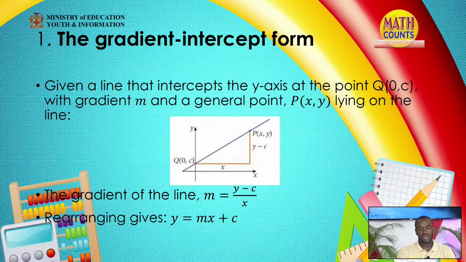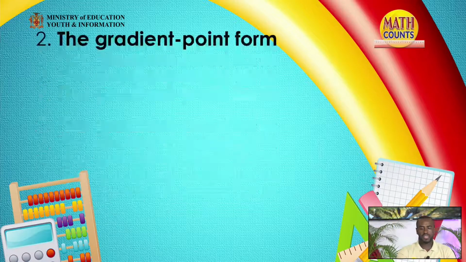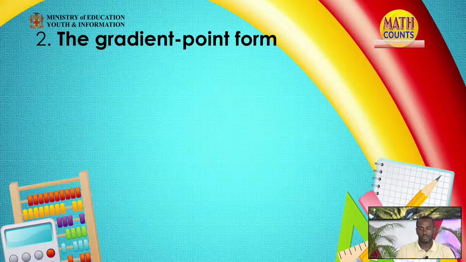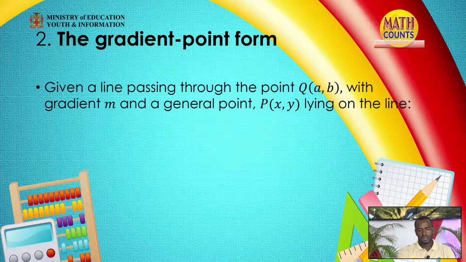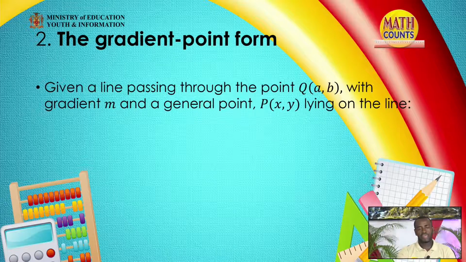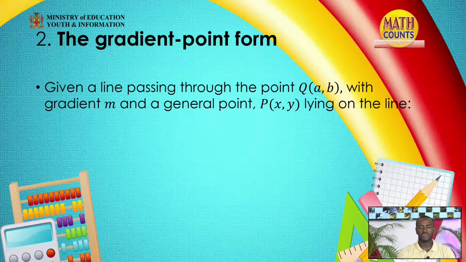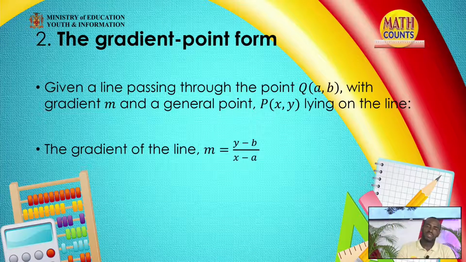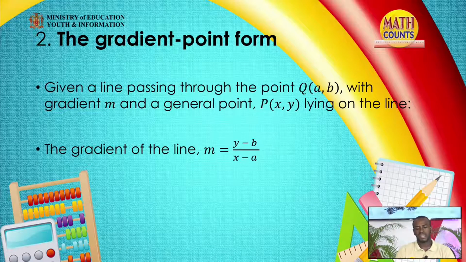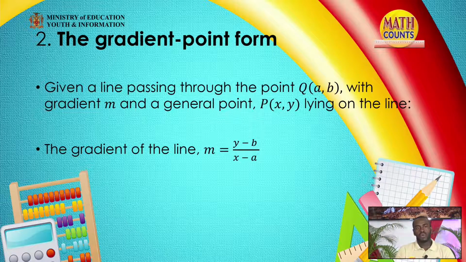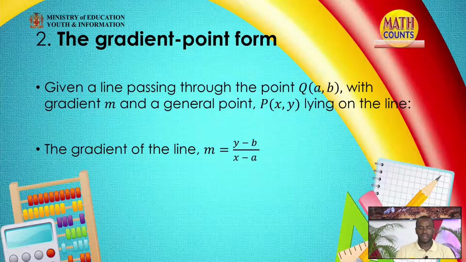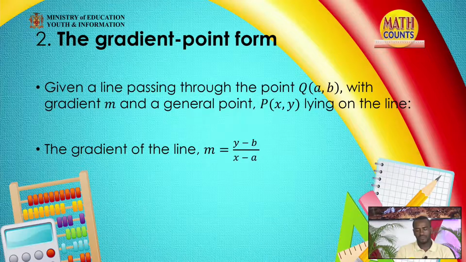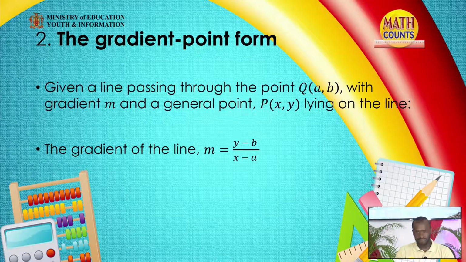Let us look at the second form, which is the gradient point form. Given a line passing through the point Q, (a, b), with gradient m and a general point P, (x, y), on the line, to find the gradient of this line, m is equal to y minus b over x minus a.